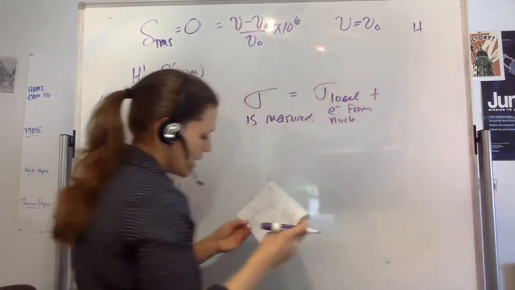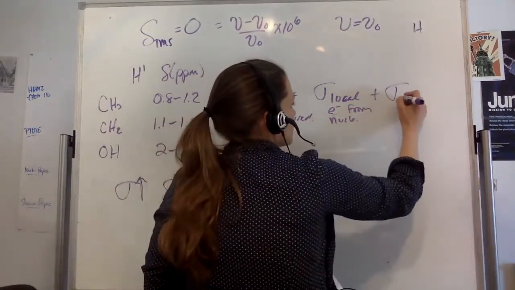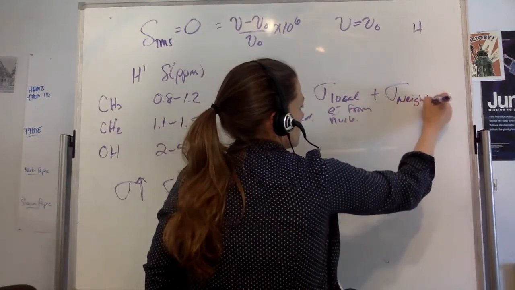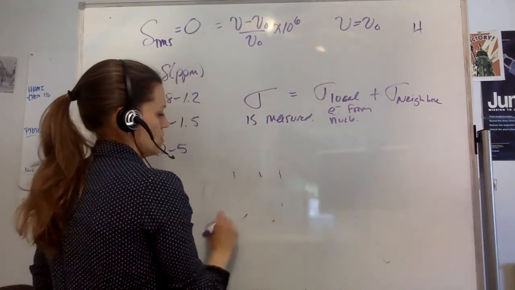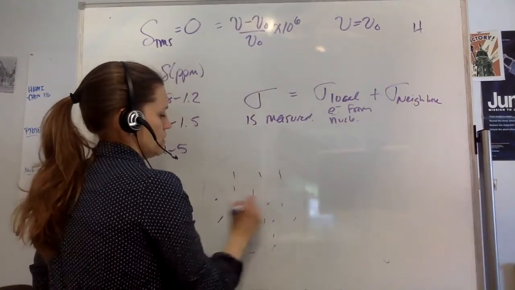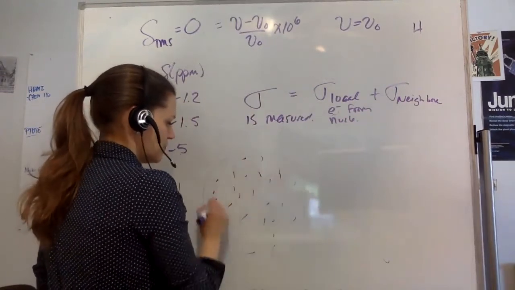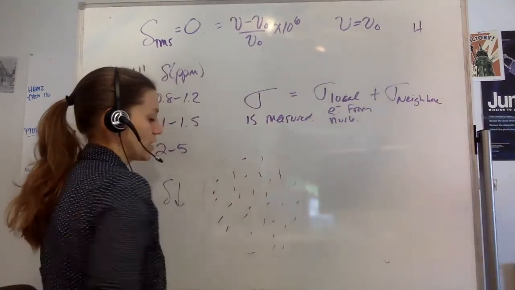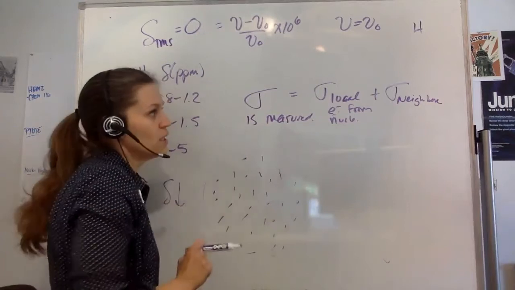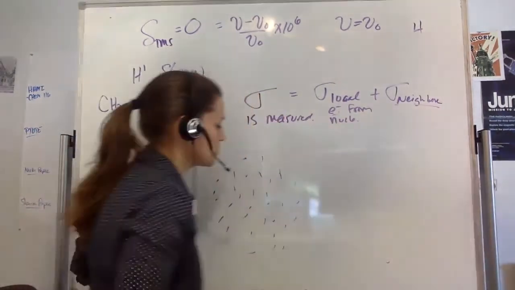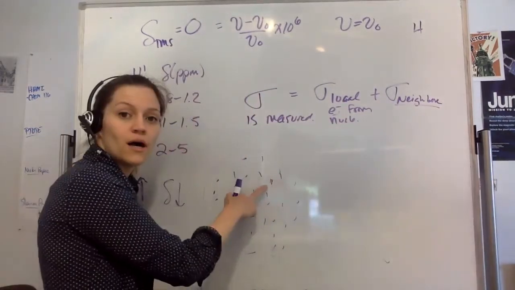Then you're going to add that to the shielding from the neighbor, because remember, you've got a big sample with all of these little magnetic moments, spin nuclei. You're taking an average of all of those. So you are going to have some shielding due to the nearest neighbor that's next to you.